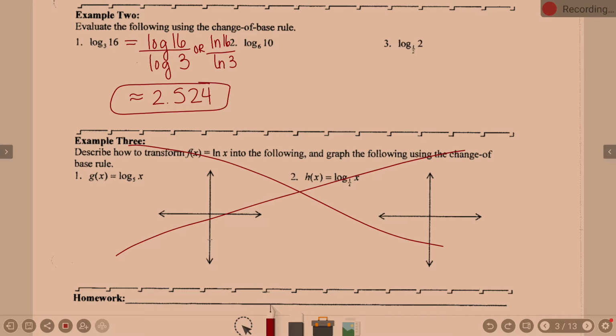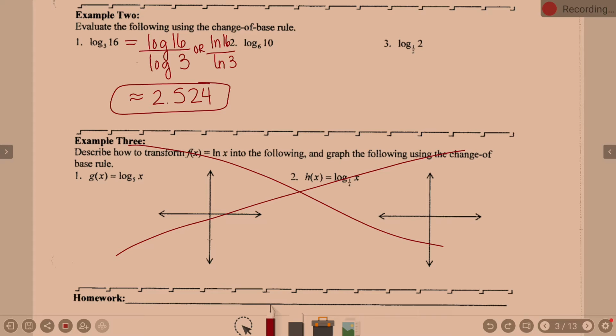Okay, that's all change of base formula is. Basic calculators don't have a log base 3 button, so I use change of base to be able to do that. There are times solving equations, graphing, that change of base formula is good to know also, which is why we need to learn it. Okay?